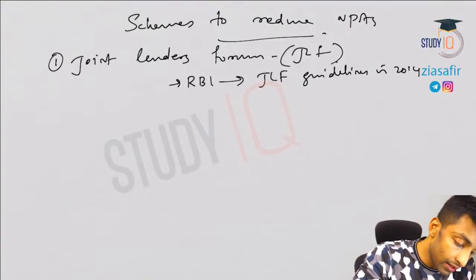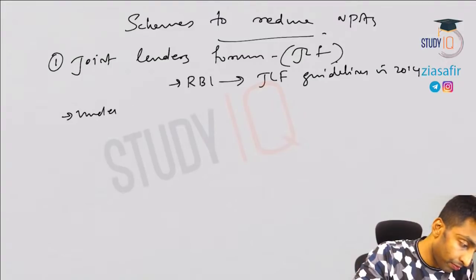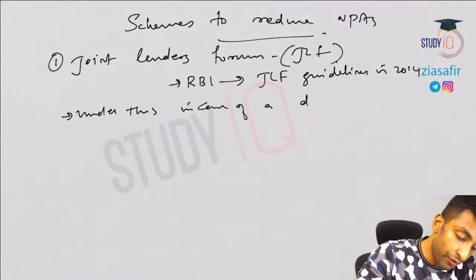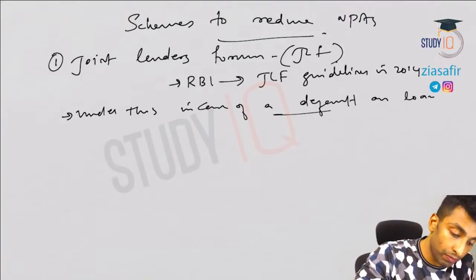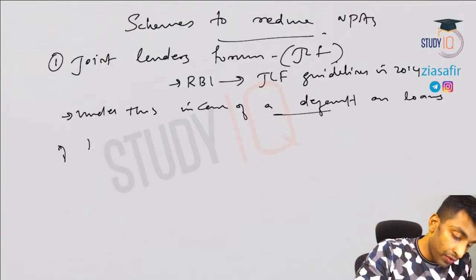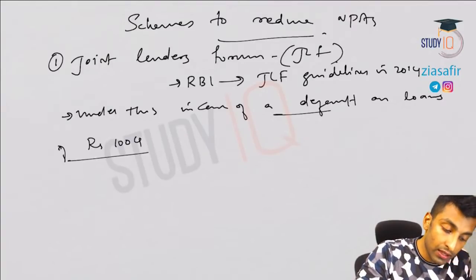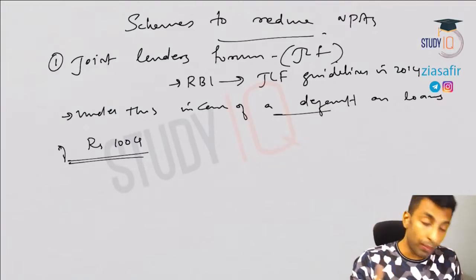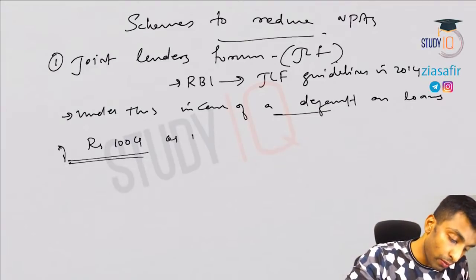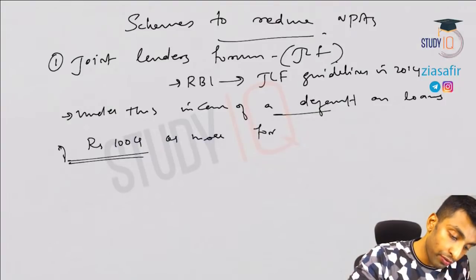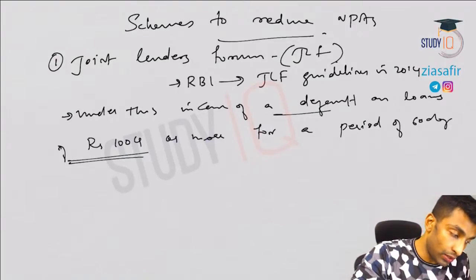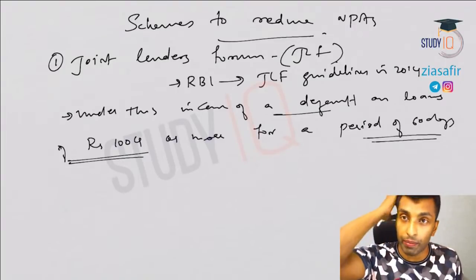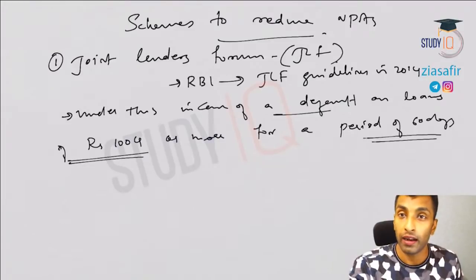Under this, in case of a default on loans of rupees 100 crore or more for a period of 60 days, understand that it has not yet reached NPA, it is going to become SMA 2.